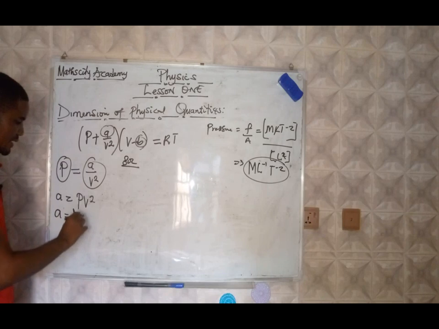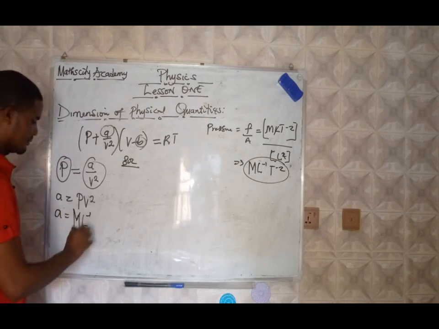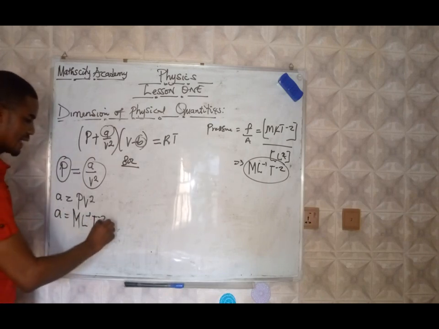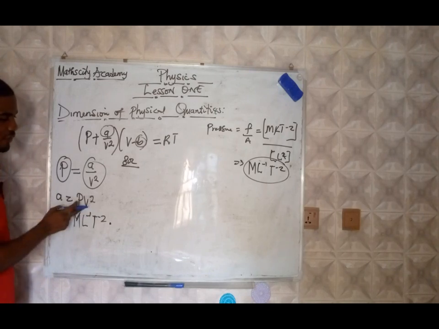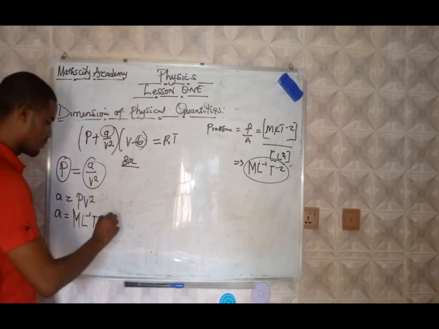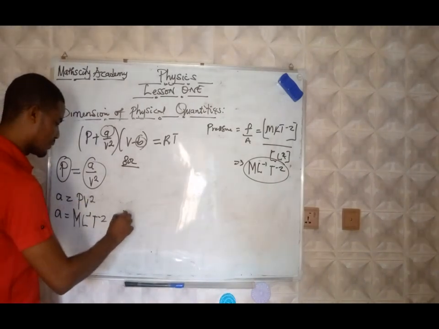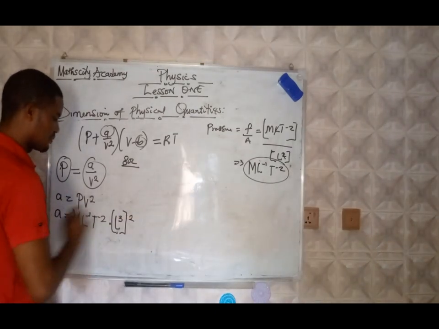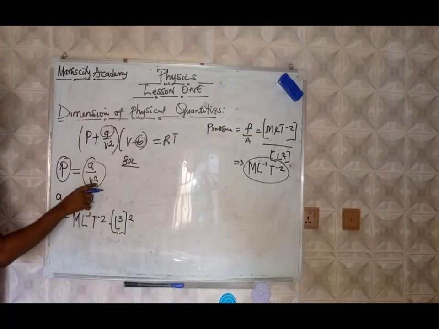So I bring it here: M L to the power minus 1 T to the power minus 2 times the dimension for V squared. They say this is volume, so the dimension for volume is L cubed, and remember it was raised to power 2.